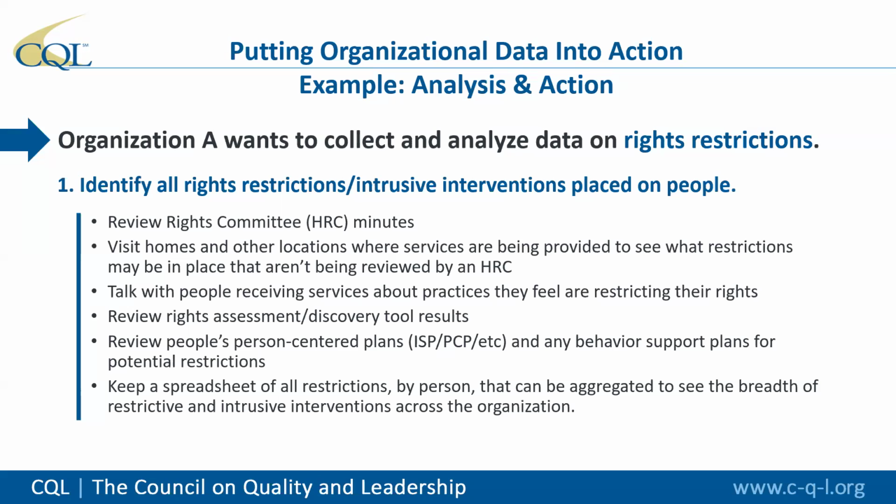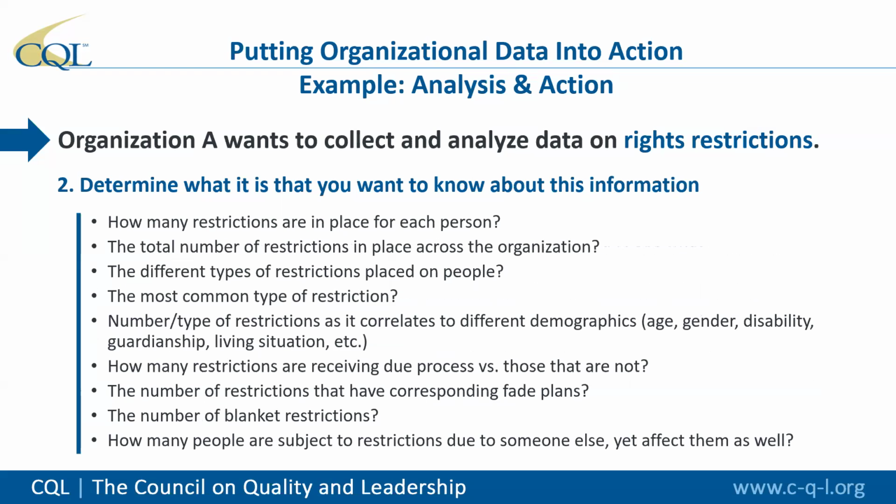So you start by identifying all those things that are placed on people so that once you know all that, you can start to understand what it is that we want to know about this information. We have it here. Now, what do we want to do with it? One single piece of data, like restrictive and intrusive interventions, can be broken down and analyzed in many, many different ways.